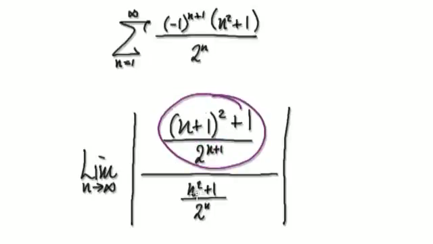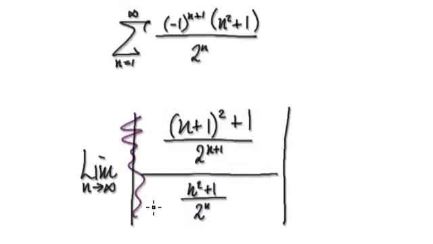So this whole thing will never be negative as n travels from 1 to infinity. So you can actually discard the whole absolute sign as well.